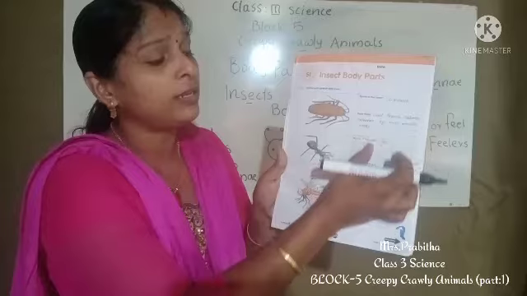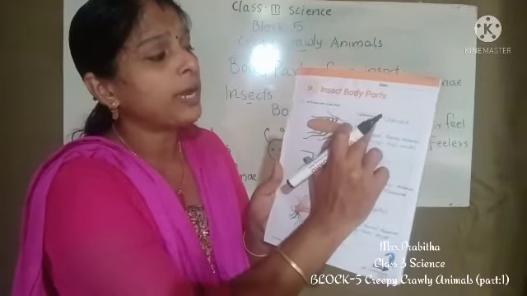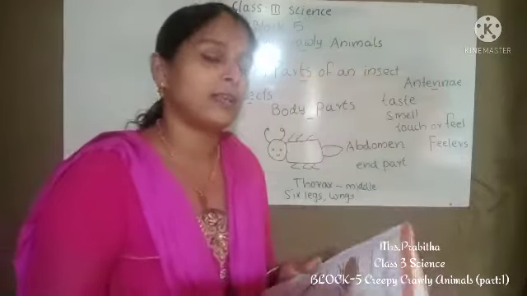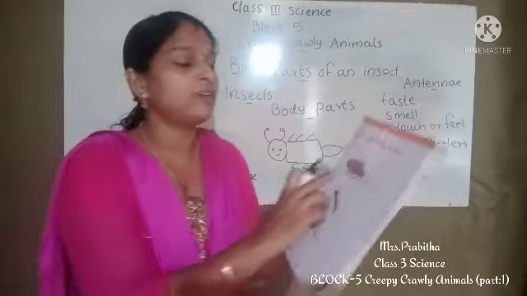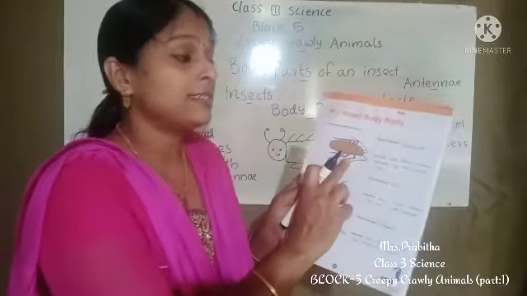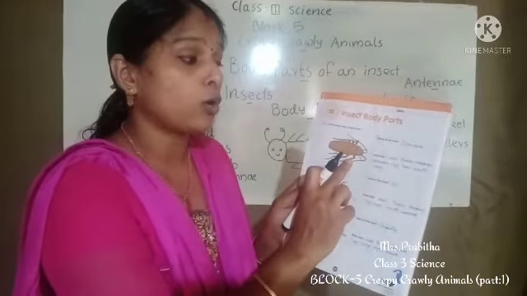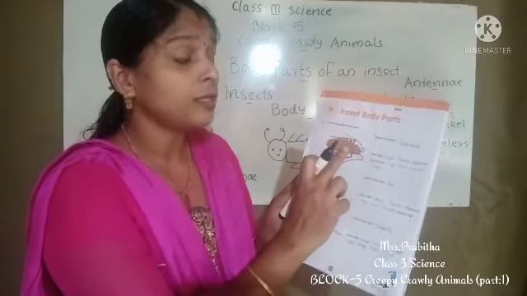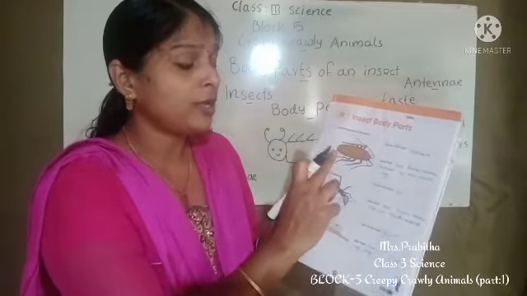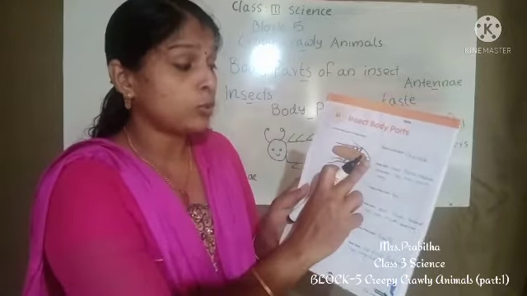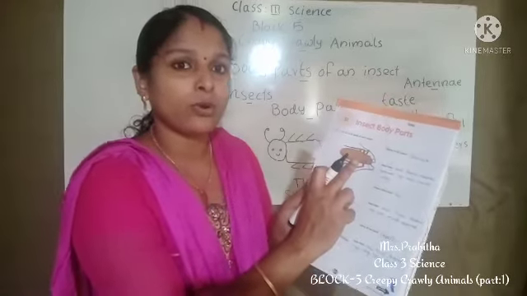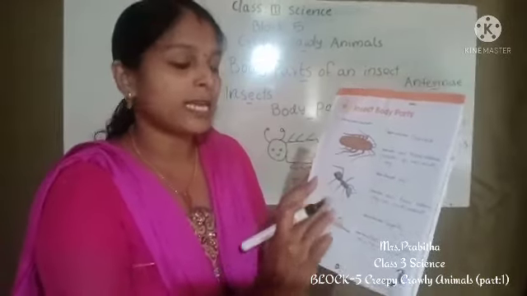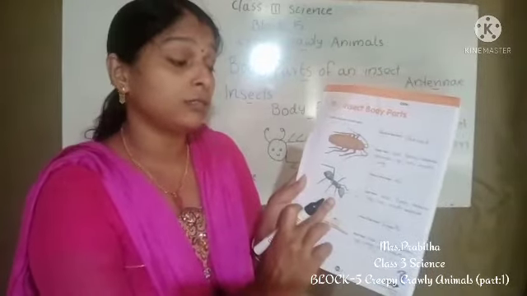So what you have to do in the next column, children? First you have to write the name of an insect and the body parts of that insect. So first picture. Everybody look at the first picture. Which insect is this? Yes, it is a cockroach. Then which are the body parts of cockroach? Yes, head, thorax, abdomen, legs, then mouth also and wings also for cockroach, right? So these are the body parts of cockroach. Then the second one, which insect is this?